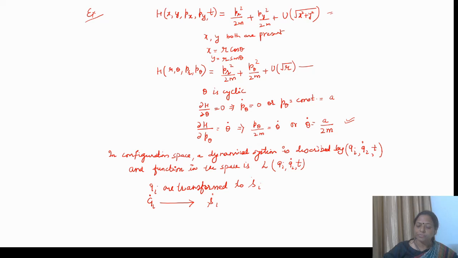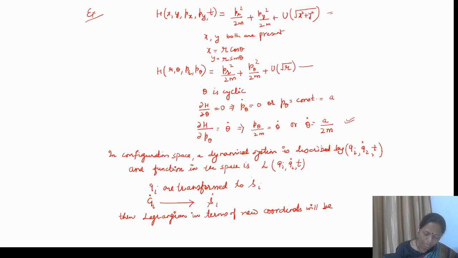First of all, when you transform qi to si, you will get some new Lagrangian. The Lagrangian in terms of the new coordinates, suppose it is L tilde, will have si in place of qi, si dot in place of qi dot, and time.